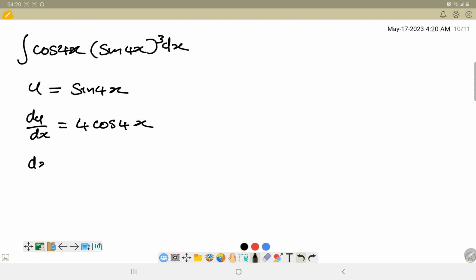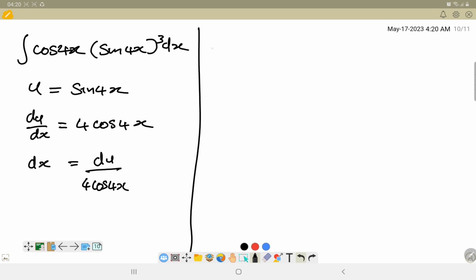Then we make dx the subject of the formula, so we have du over 4 cos 4x. What we do, like we did in the previous example, is leave cos 4x as it is and replace sine 4x by u.